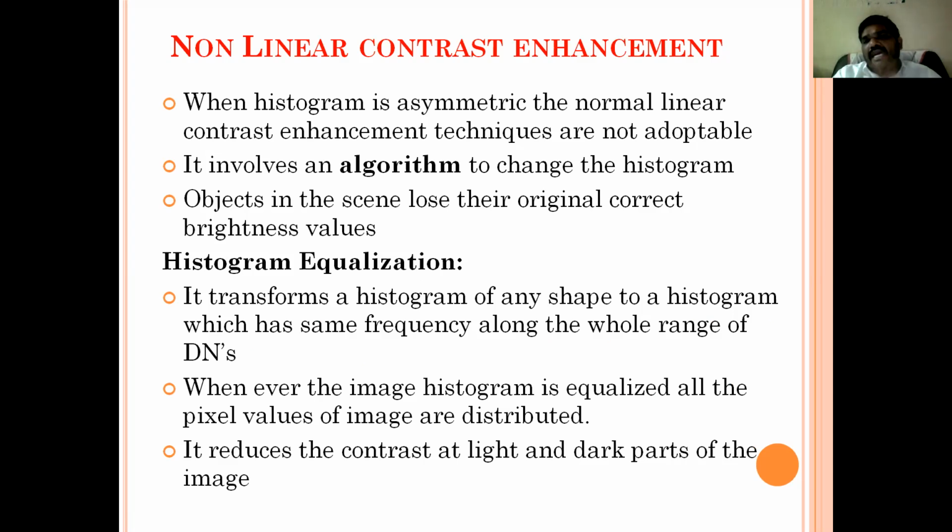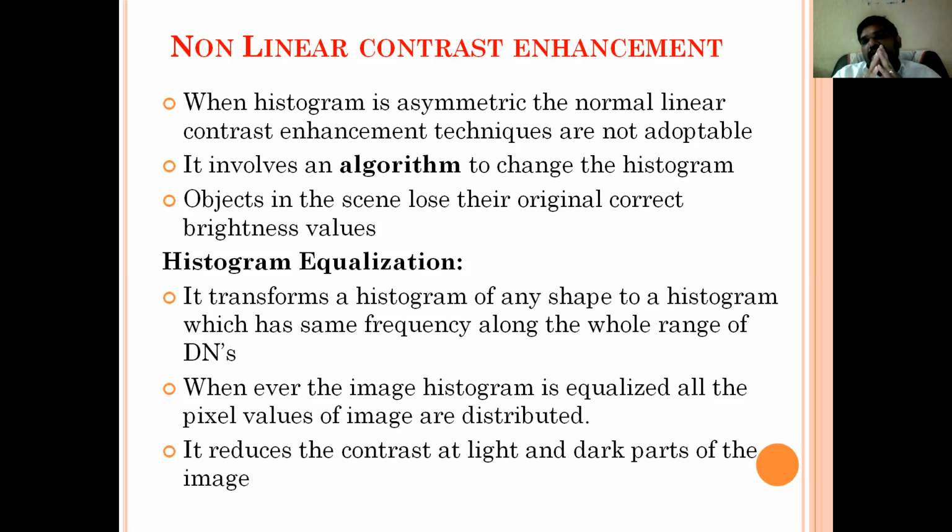It involves an algorithm, a formula, to change the histogram. Here also, when we are adopting this category or method, the old values are replaced permanently. Old digital numbers will move off permanently.